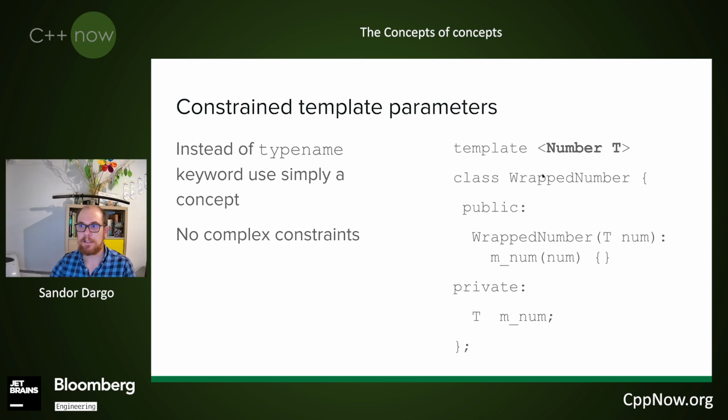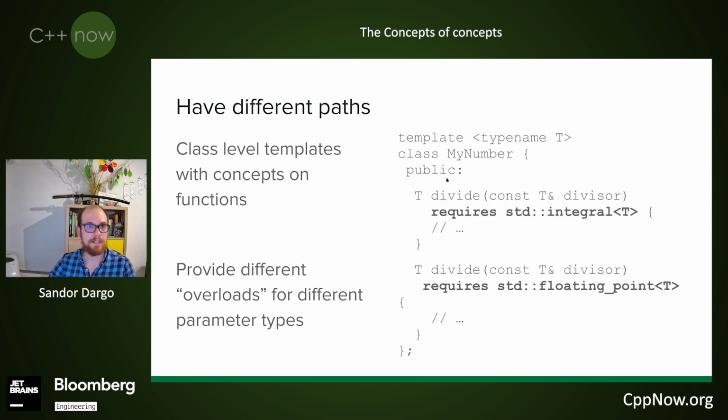So I mentioned that we can have trailing requires clauses with class templates as well. So how to do that, and why would you have that? You might have your class level templates, but you use the concepts on functions. So let's say you have this class MyNumber. I know maybe it's not the most original example, and then you want to implement a divide method, and based on the characteristics of this type T, you can provide different implementations.